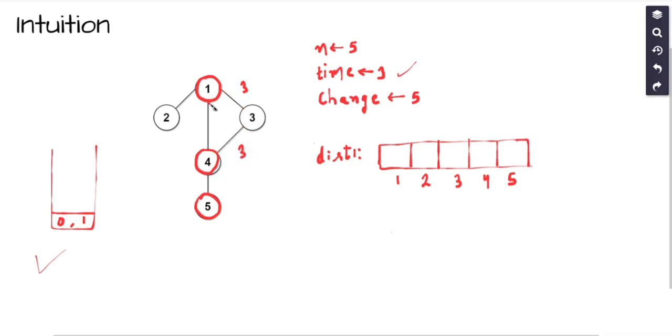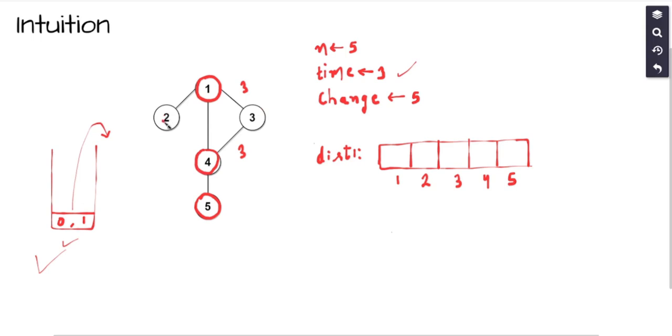Okay, so let's understand this using this example. Let's say initially I push node number 1 into my priority queue. Then I run my Dijkstra algorithm, and I pop node number 1 out of the priority queue. The shortest distance till node number 1 is 0. I perform relaxation over its adjacent nodes, that is 2, 4 and 3.